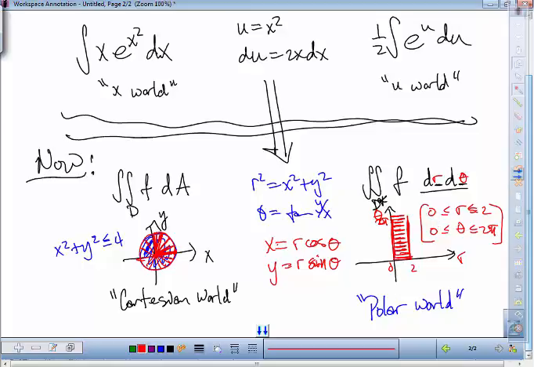Not only that, but if I draw lines that are parallel to the theta axis, let's say if r is equal to 1, we know that that's a circle of radius 1, right?